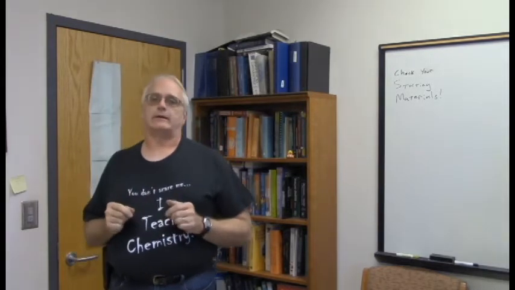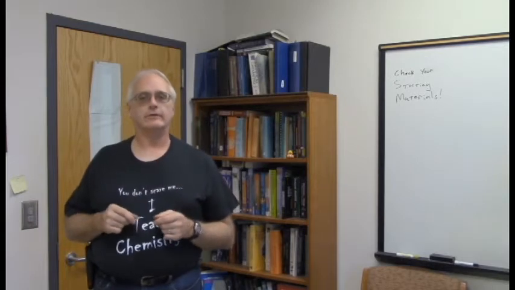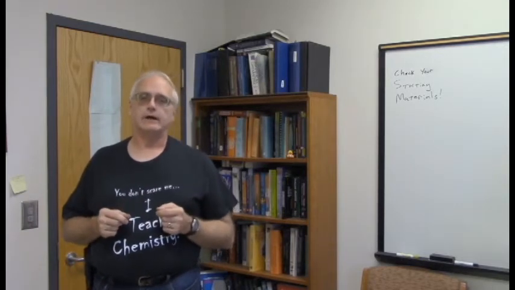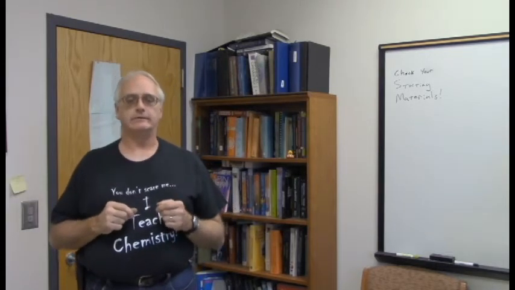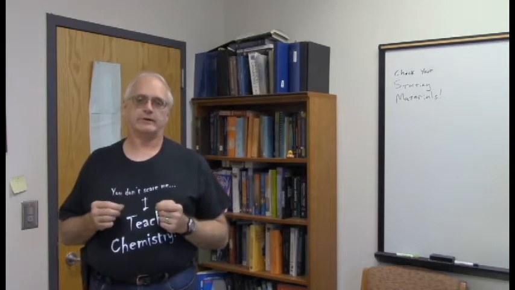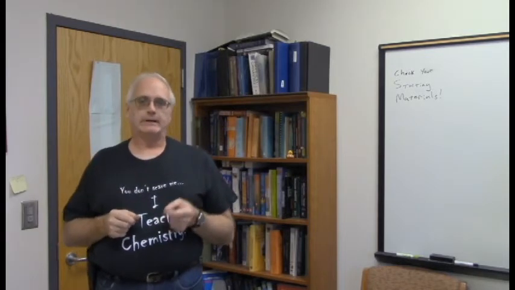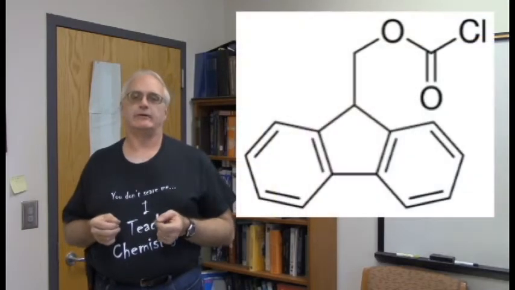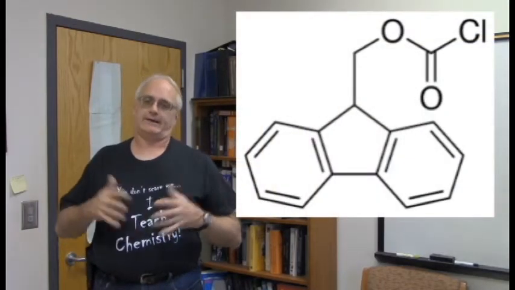Now, to illustrate this a little bit more, one of my colleagues here at Georgia Southern, a biochemist, a couple of years ago wanted some help running an NMR spectrum checking a starting material. Now, the starting material was this molecule here, which has the acronym FMOC.